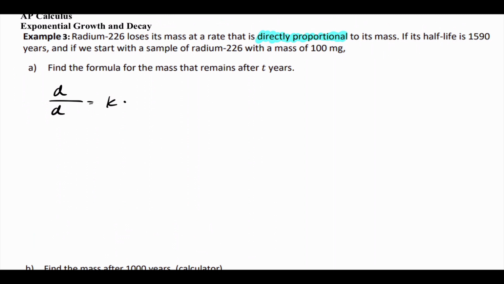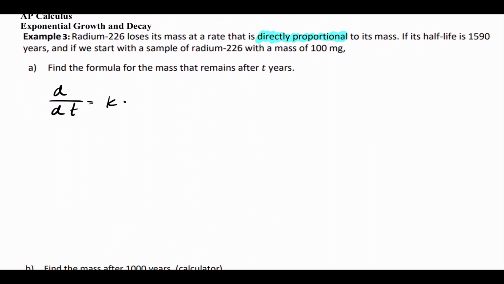So, radium, right? Mass, how much of it is left? So, you can use R or M. Either one's okay. And then what's the other? T, for years, right? T, time. Time is always going to be X. Time is always going to be independent.